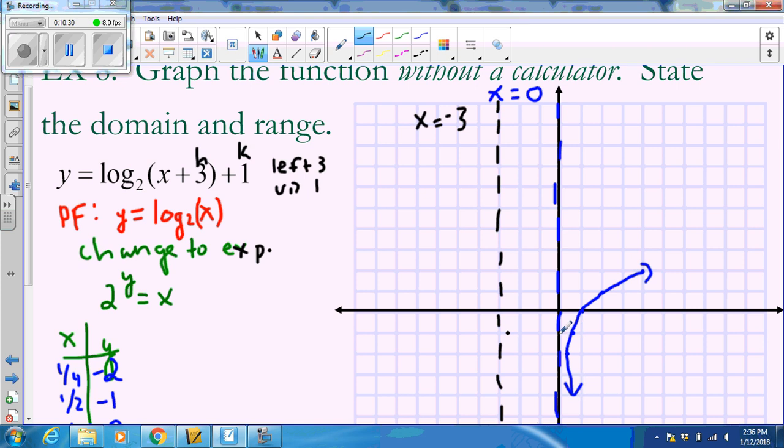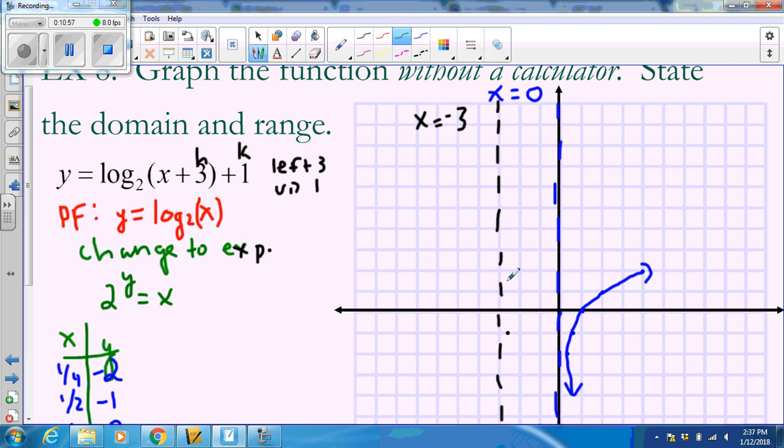So 1, go 2, 3, there you go, and then go up 1, so that should be here. It's kind of hard to tell, but that's right there. Then I go over 1, 2, 3, and then I go up 1. Let's make sure I did that right. Oh, it should be right here. There we go. And make sure you count correctly when you're doing these, okay?